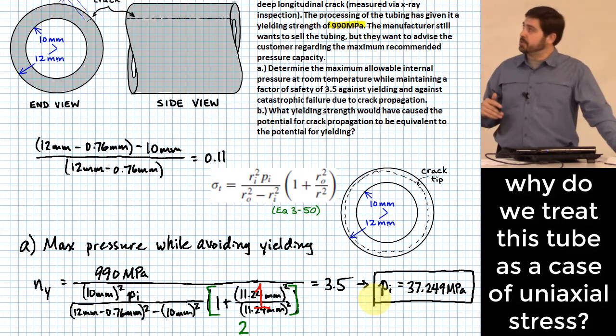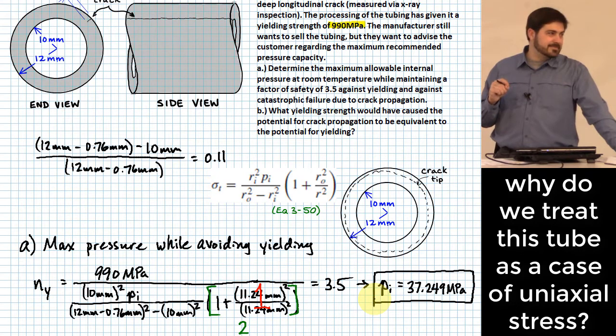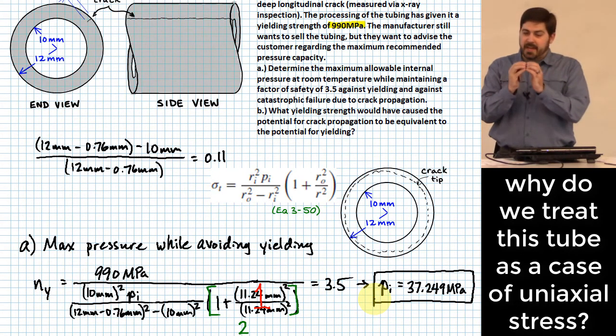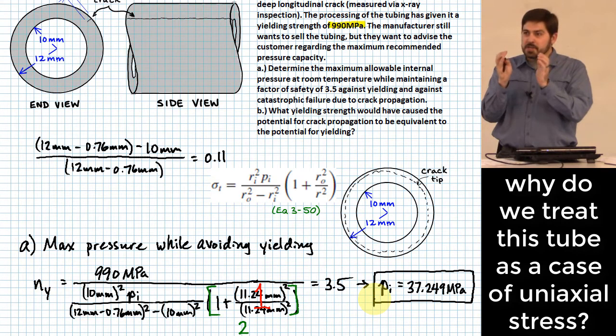Probably a better answer is this one. Given the fact that there's a presence of a crack, right? How do you think this thing is going to ultimately fail? Yeah, you're probably talking about that crack splitting as being a much more likely scenario than there being something else.